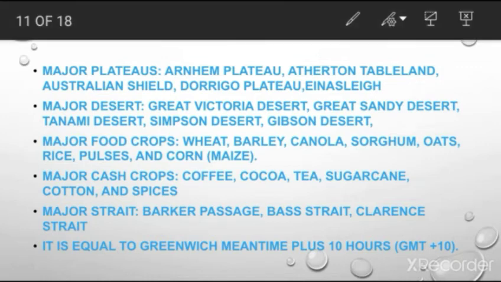Remember Victoria. Victoria is a state in Australia. So there is the Great Victoria Desert. Sydney is the largest city in Australia, right? There are also the Tanami Desert, Simpson Desert, etc. Major food crops include wheat, barley, oats, rice, pulses, corn, maize, etc. Major cash crops include coffee, cocoa, tea, sugarcane, cotton, and spices.